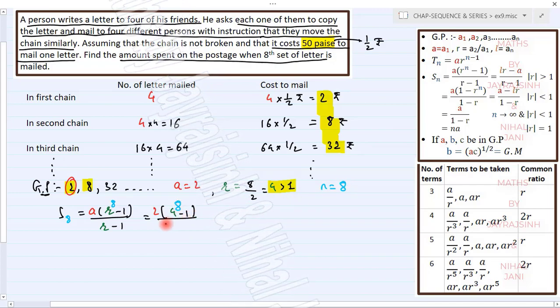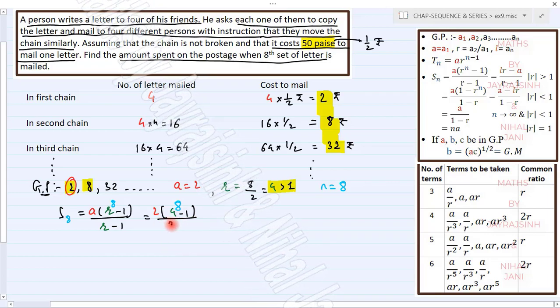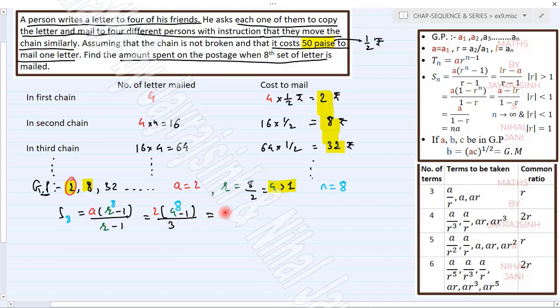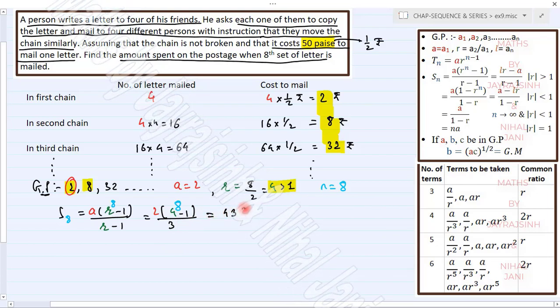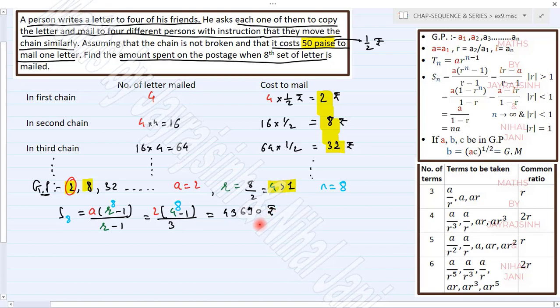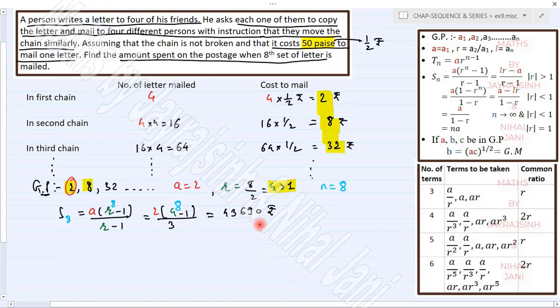So in the denominator, we'll get 4 minus 1, or we can say 3. So your total cost will be 43,690 rupees, which is your final answer. Ta-da!